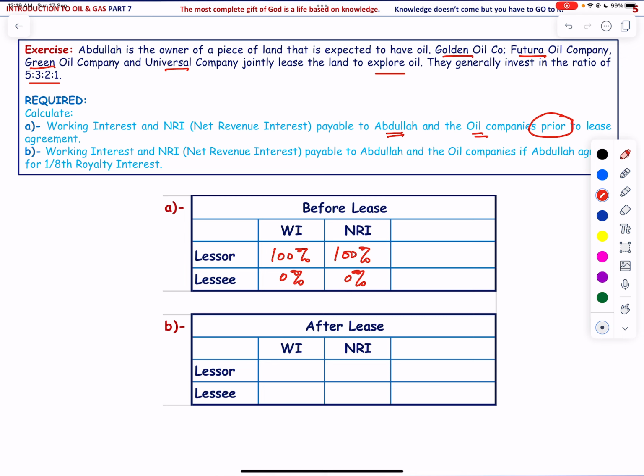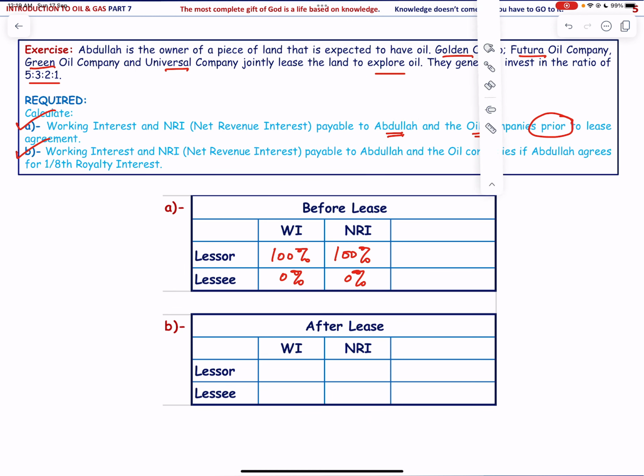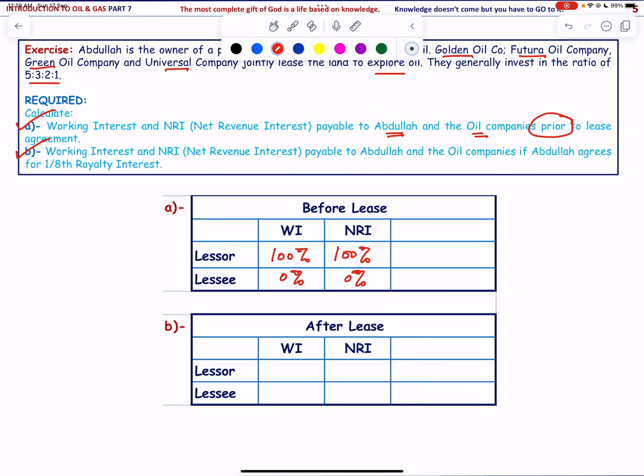Okay, so this is part A, and when we go to part B, working interest and net revenue interest payable to Abdullah and the oil companies if Abdullah agrees for 1/8 of royalty interest.